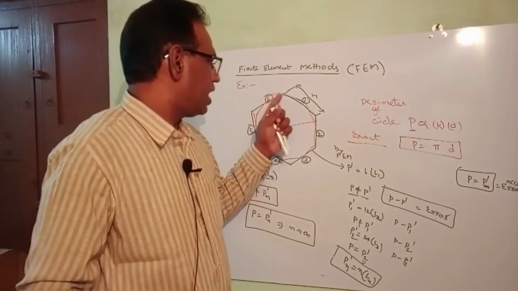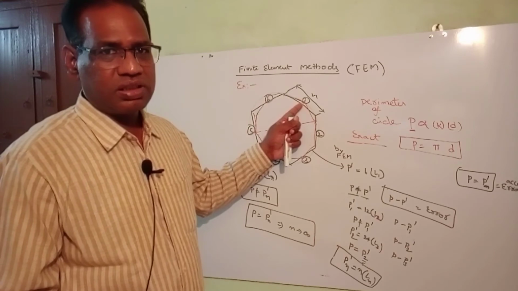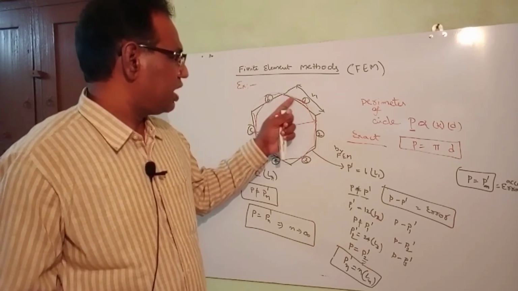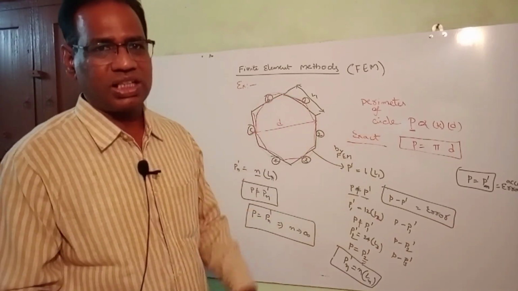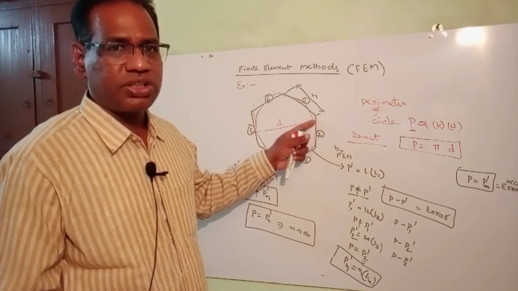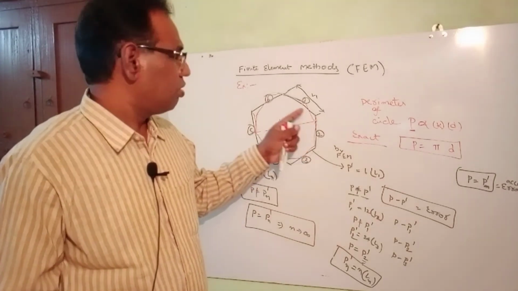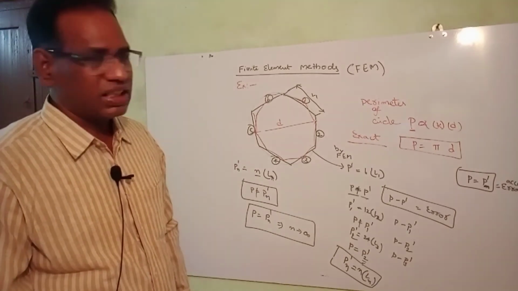So here the line segments are known as elements. The line segment which divides the entire geometry into a number of line segments is known as an element. Each element is connected with another element at a point known as a node. The number of elements in this procedure is finite.